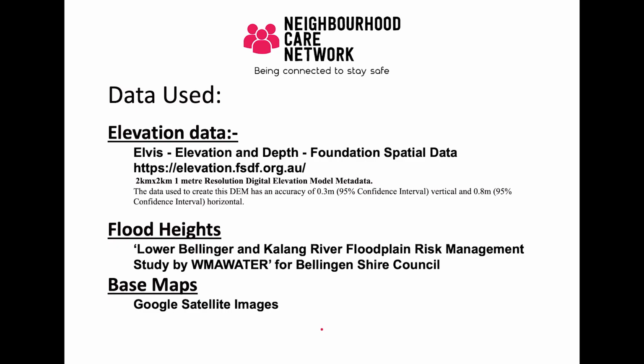The information I've used for the floods mostly comes from government sources. So I've used elevation data coming from the spatial data services that the government buys. They have fairly good accuracy, 30 centimetres vertically and about half a metre horizontally.